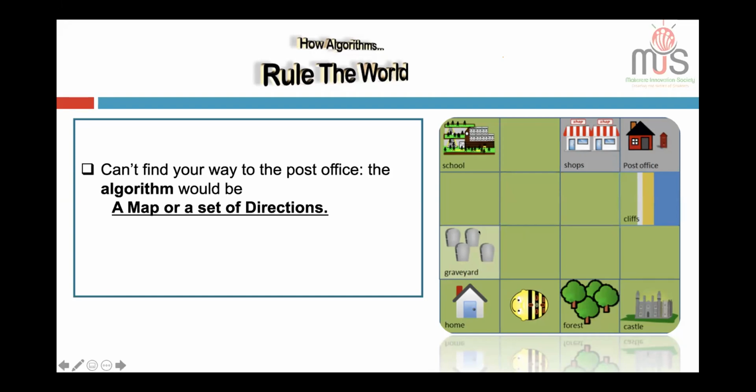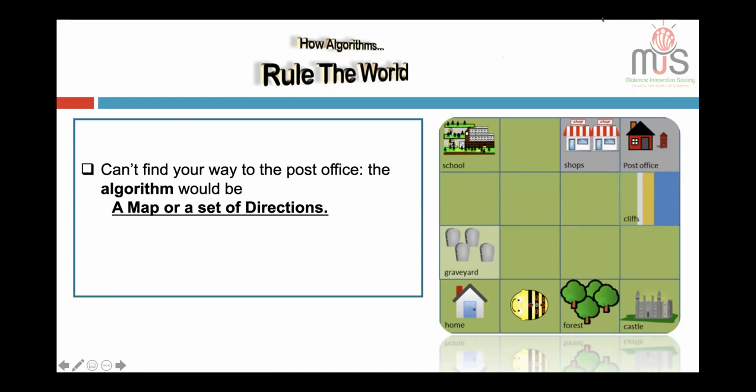And there is a graveyard here. Someone can't go over the diagonal path. Someone can either pass through the graveyard, then go through the school, then go to the post office, or someone goes through the beehive. This is a beehive. There is a forest here and there is a castle here. There are cliffs here, which would be so hard for the young girl.